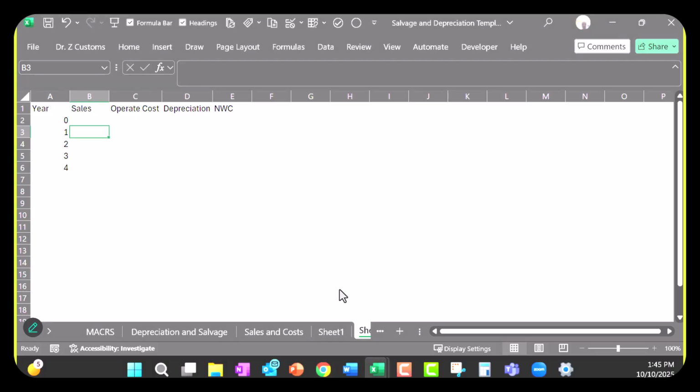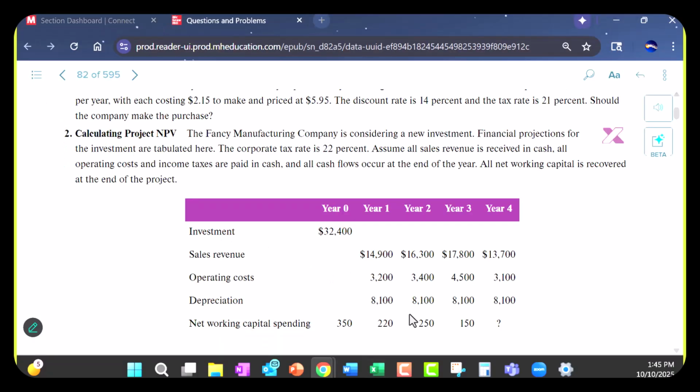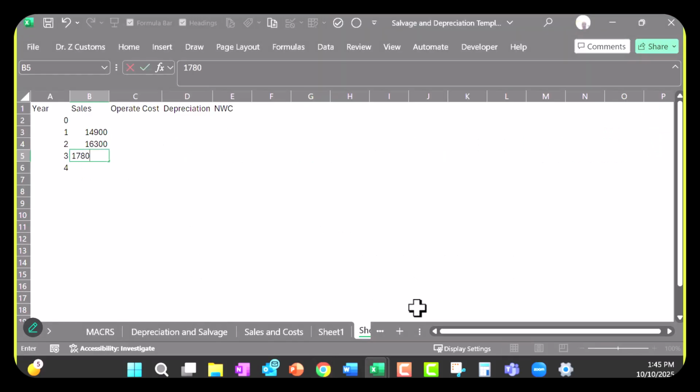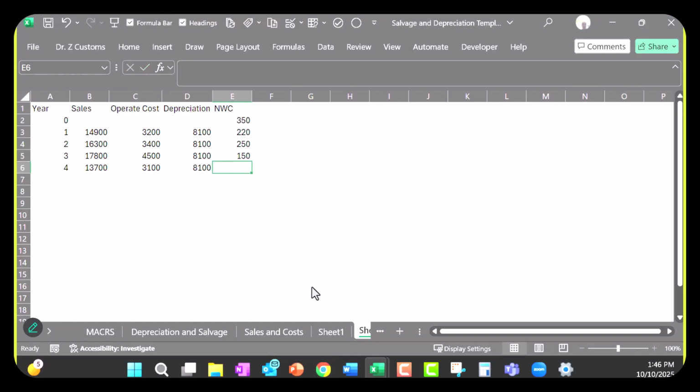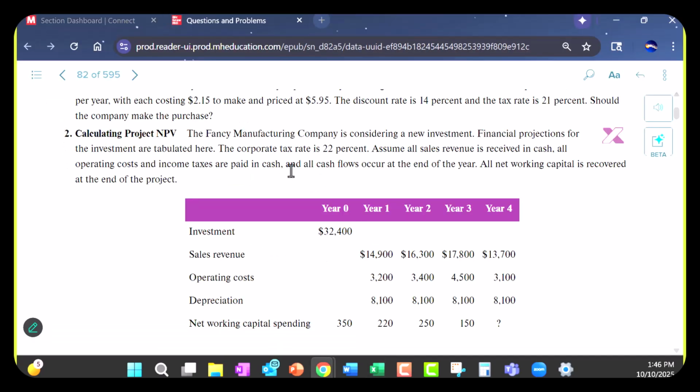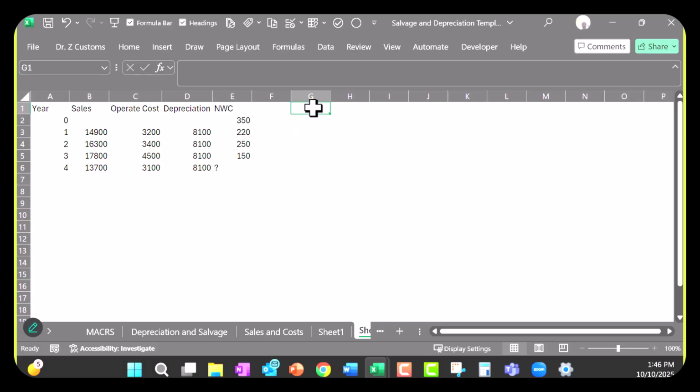It's 14.9, 16.3, 17.8. Okay. We're going to have a tax rate of 22%.